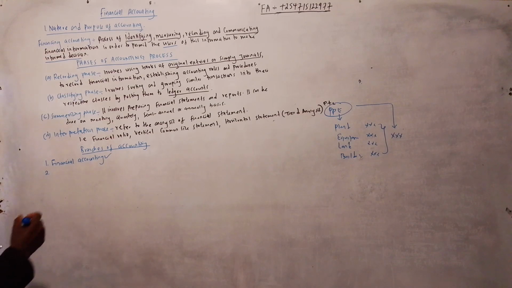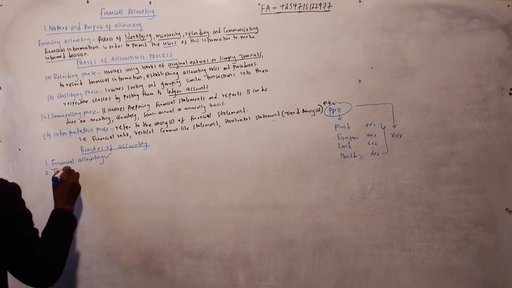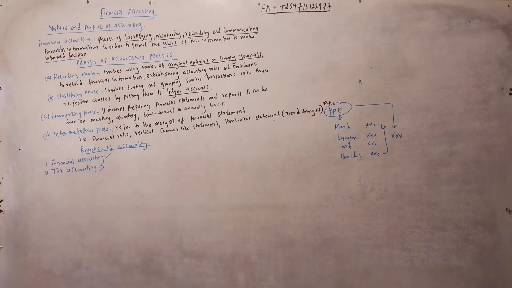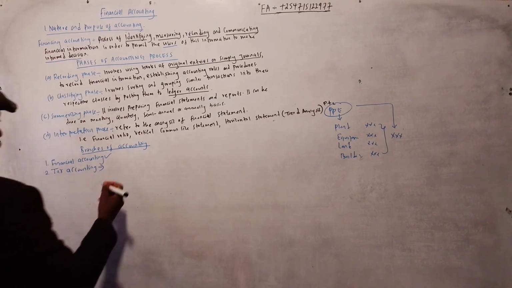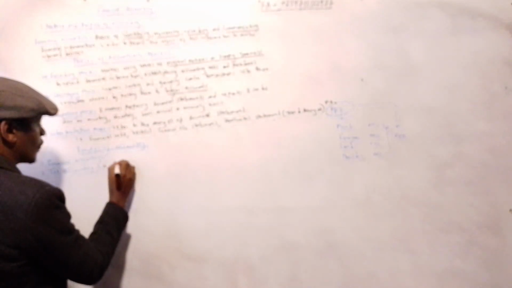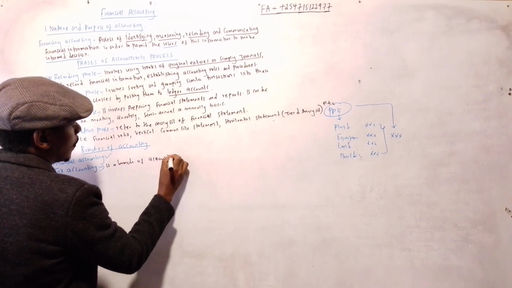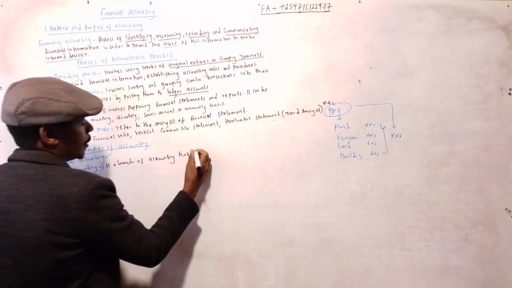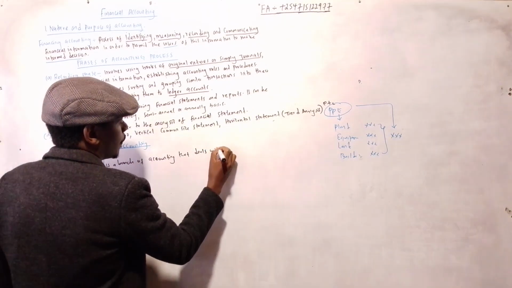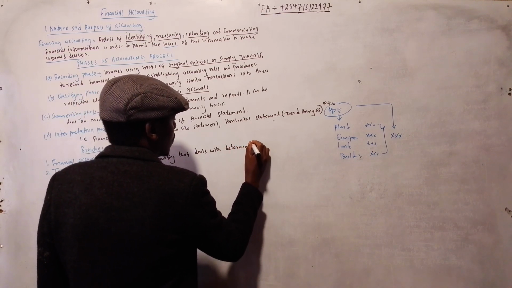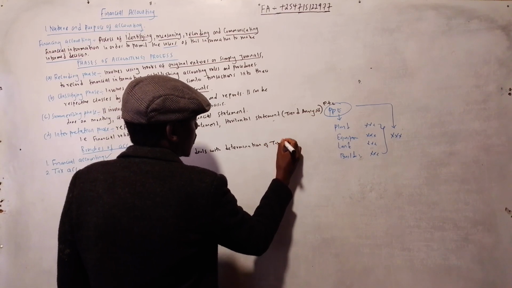Number two, we have the tax accounting. And what is this tax accounting? When we talk about tax accounting, it is an accounting that deals with the determination of tax liability. So we say it's a branch of accounting that deals with determination of tax liability.